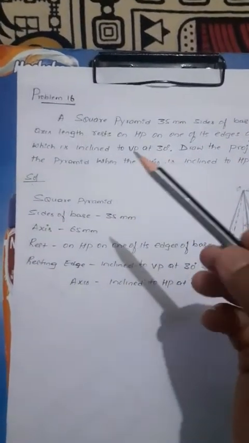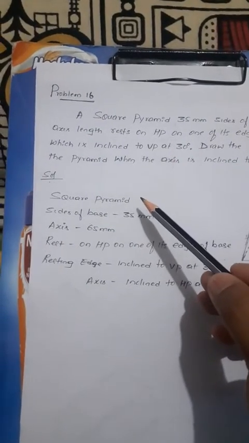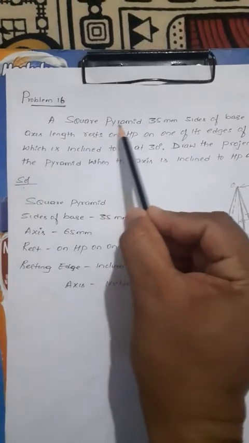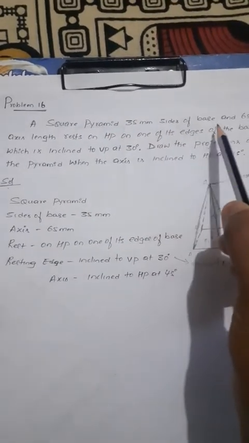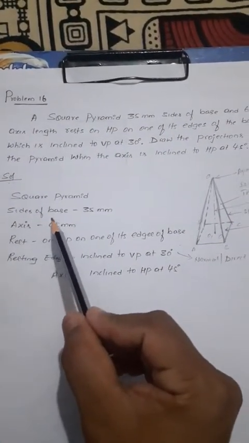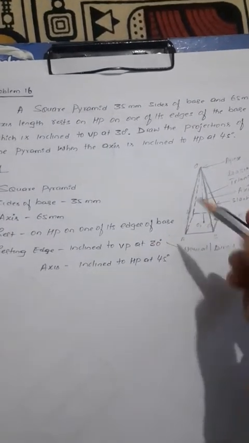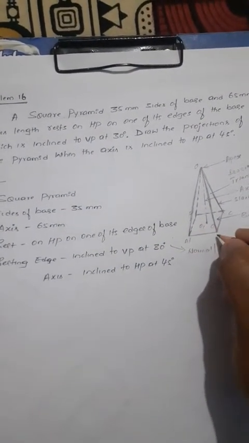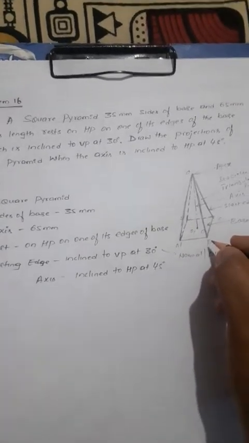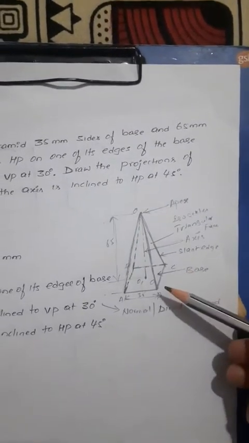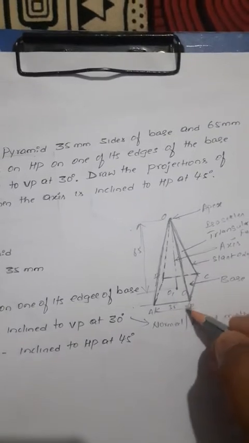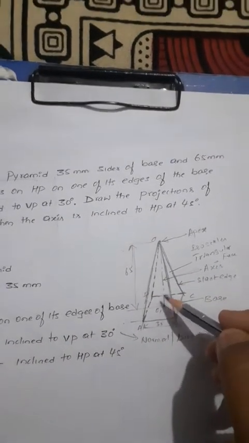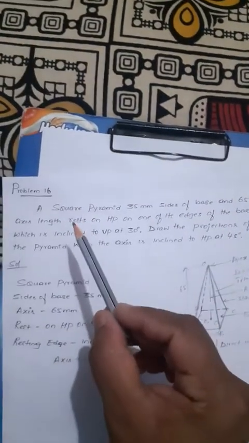As you know, the type of solid given is a square pyramid, right? 35 mm sides of base. What is the side of the base? 35 mm. And 65 mm axis length.